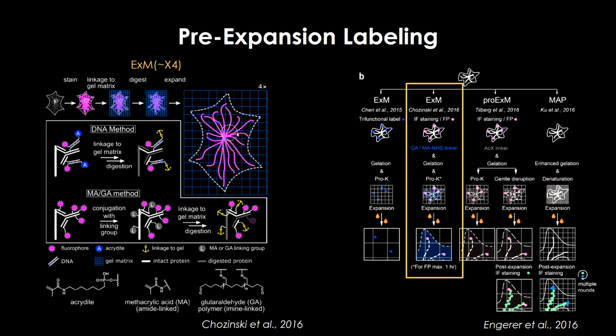So in this technique, you stain your sample before you start the expansion protocol. The sample is stained with antibodies or with DNA probes labeled with fluorophores. After that, it is anchored to the gel with some kind of acrylate anchors.